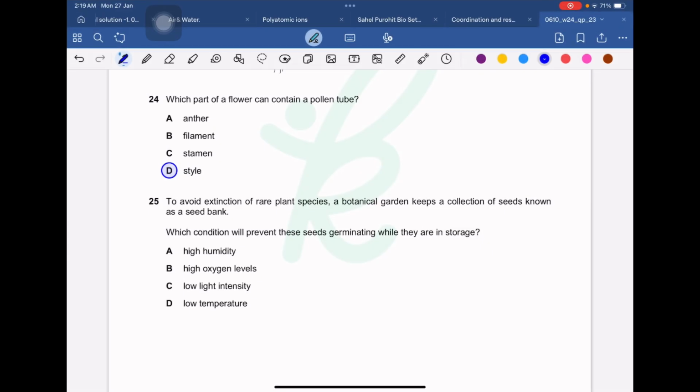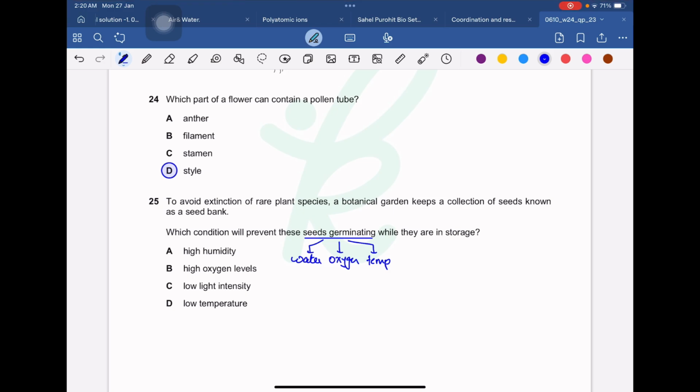Let us move on to question number 25. So to avoid extinction of rare plant species, a botanical garden keeps a collection of seed known as a seed bank. Which conditions will prevent these seeds germinating while they are in storage? So when we talk about seed germination, we know there are three important factors required for seed germination, which is water, oxygen, and appropriate temperature, which is the optimum temperature.